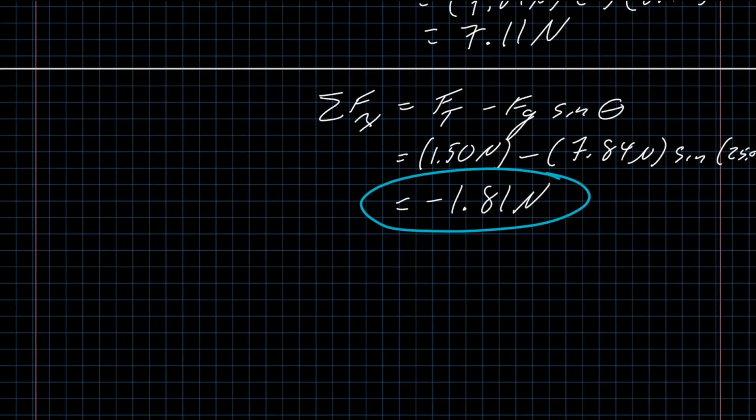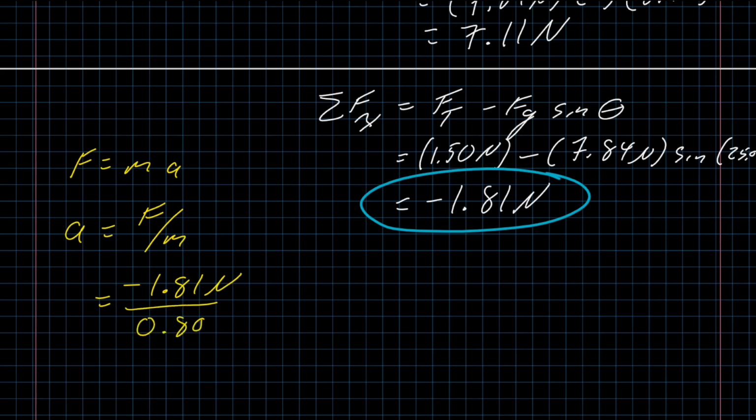We've used that already. But we know that force is mass times acceleration, which means that acceleration is force over mass. In this case, that's going to be negative 1.81 newtons over 0.800 kilograms. And when I punch that into my calculator, I get negative 2.27 meters per square second.